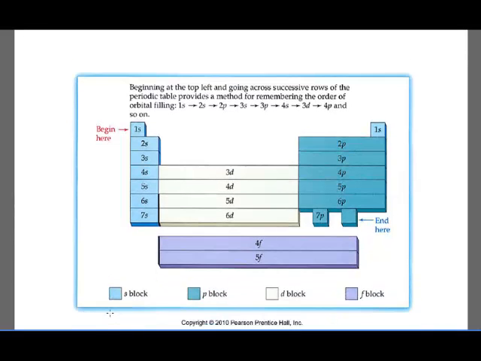Alright, so instead of memorizing that though, there's actually, in my view, a better way to learn the order of the energy levels, and that's by looking at the periodic table and remembering that we have an S block and we have a P block, with the exception of hydrogen and helium, which are, helium is not in the P block, although hydrogen's in the S block.